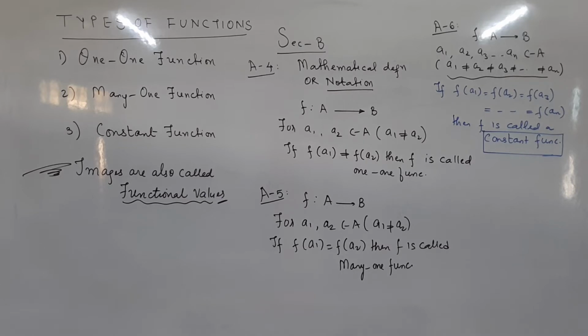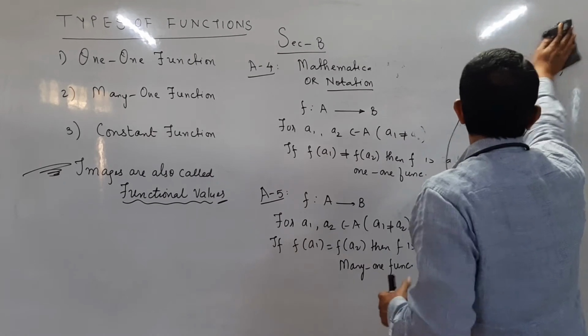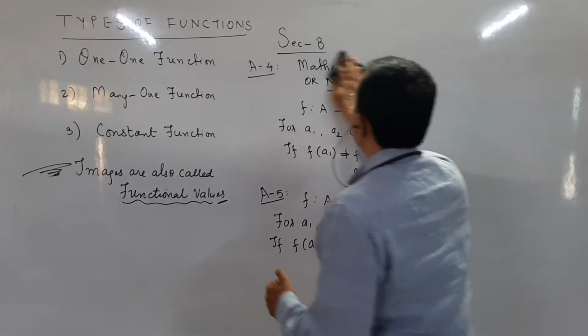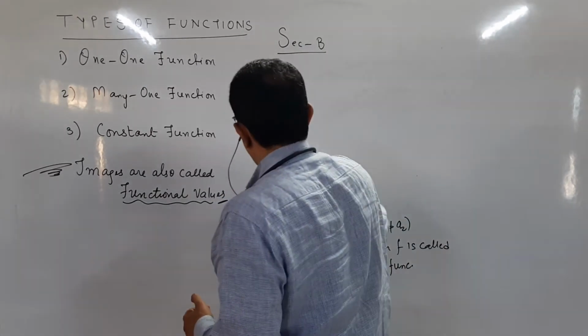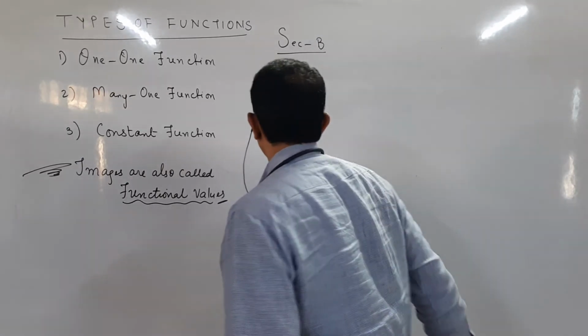Basically, in your syllabus, we have only 3 types of functions: one-one function, many-one function, and constant function. Okay, we further continue with section B, and then we start section C. Try to complete as many sums as we can of section B and section C.